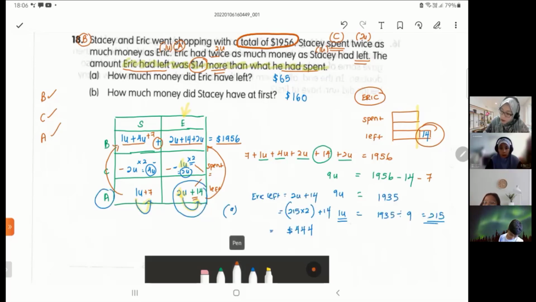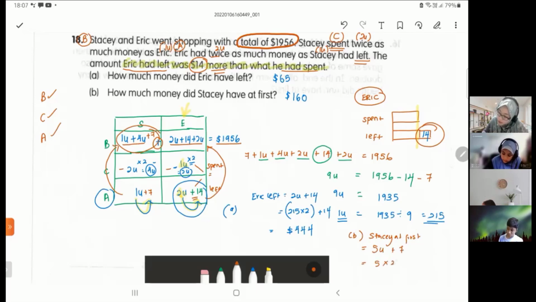Now for part B, I want to know how much money Stacy had at first. So Stacy at first, which means this information, right? Which is 5 units plus 7. Stacy at first will be 5 units plus 7. 5 times 215, answer plus 7.